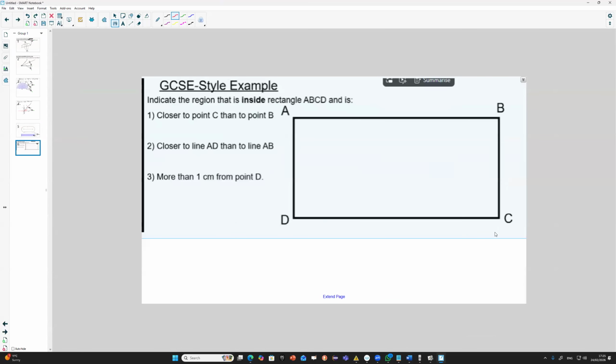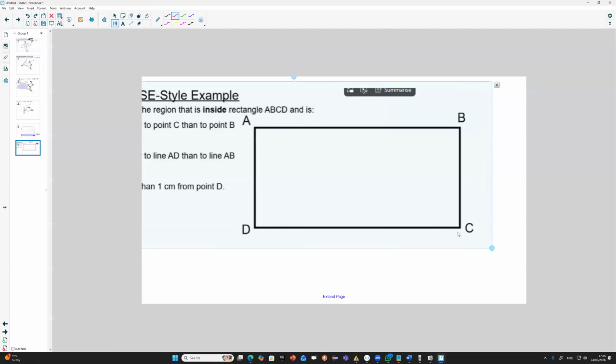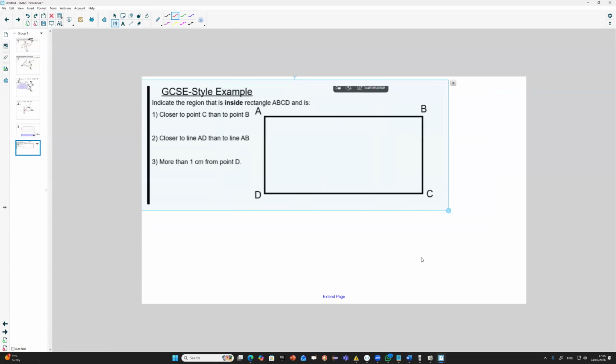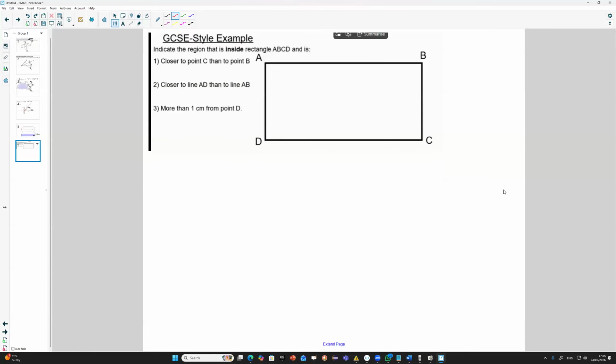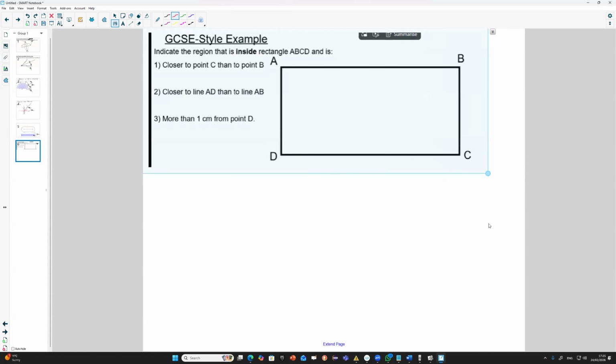We want to indicate the region that is inside the rectangle. Extend the page, so extend it all the way. Indicate the region that is inside ABCD and is closer to point C than to point B, closer to the line AD than to the line AB, and more than 1 centimeter from D. And it's inside the rectangle only.